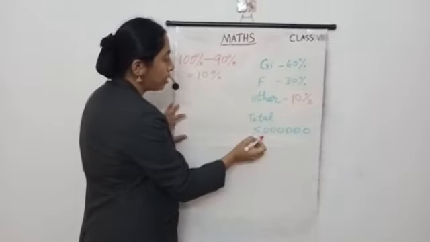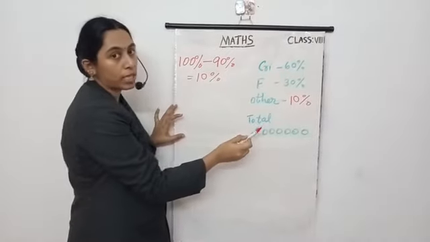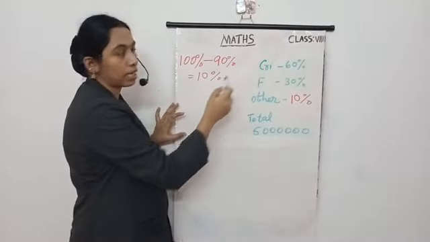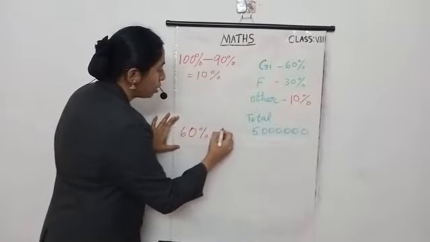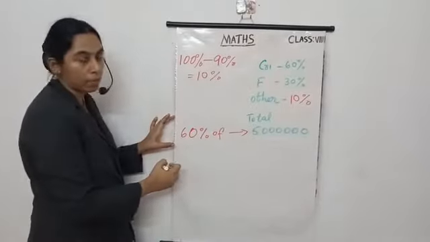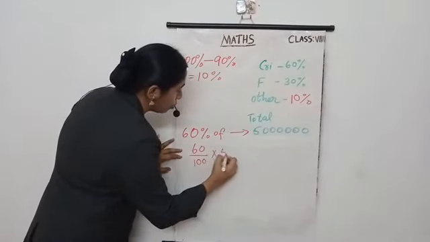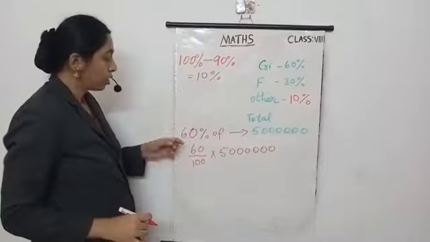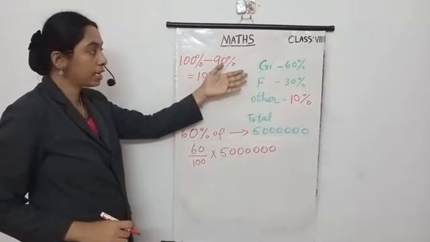So this can be written like 60% of 50 lakh people like cricket.